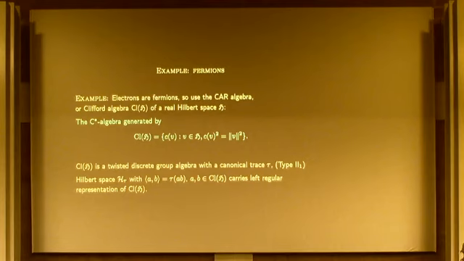And once you do that, you see it's got a canonical trace. And if you look at the enveloping von Neumann algebra, you get a type II-1 situation. I promised I'd give at least one type II-1 factor in here, just to match the topic of the workshop.